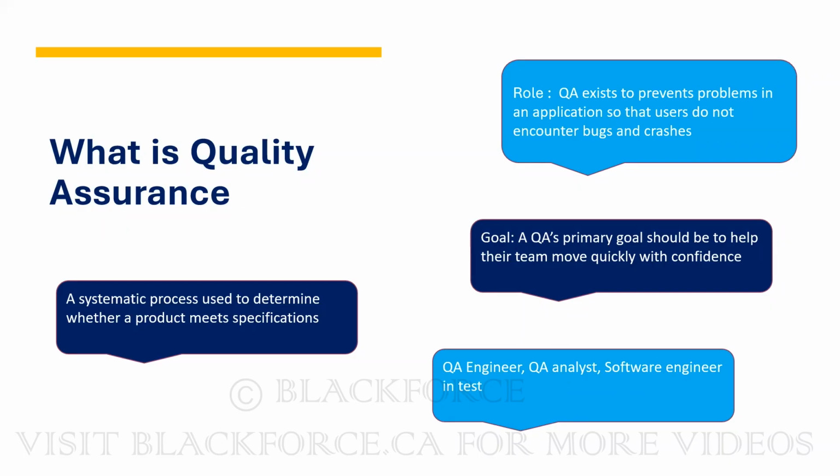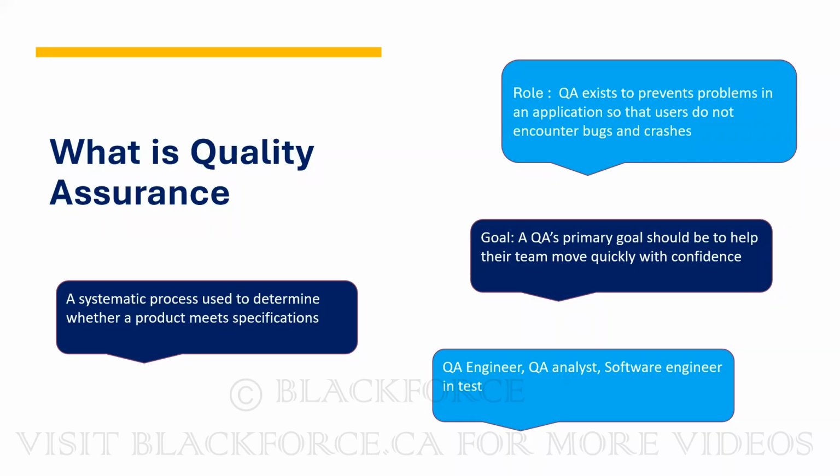Because the truth is that there is nothing more frustrating than trying to use a software and that software does not work. It can be very frustrating, right? What quality assurance is helping to do is to prevent that negative experience.